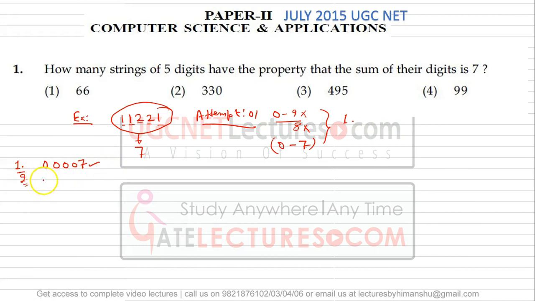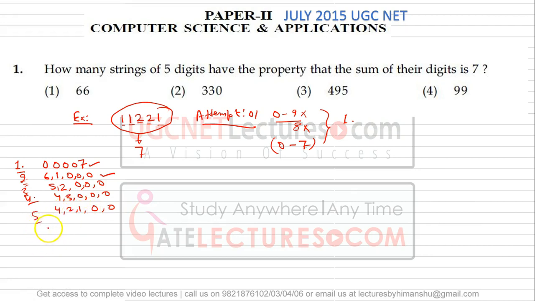The second can be like this, 0 0 0 6 1, which is 5 digits and the sum is 7. This is acceptable. The third can be 5 2 0 0 0, or 4 3 0 0 0, or 4 2 1 0 0. These are 5 digits and the sum of the digits is 7.